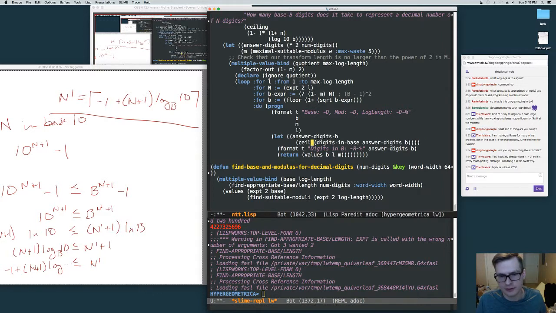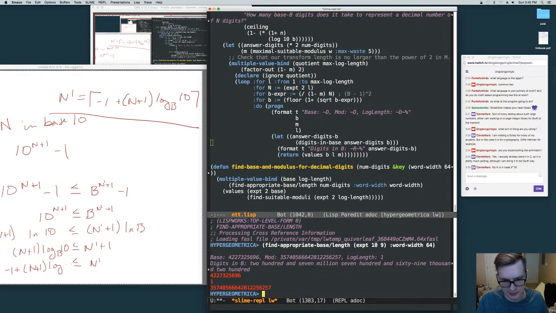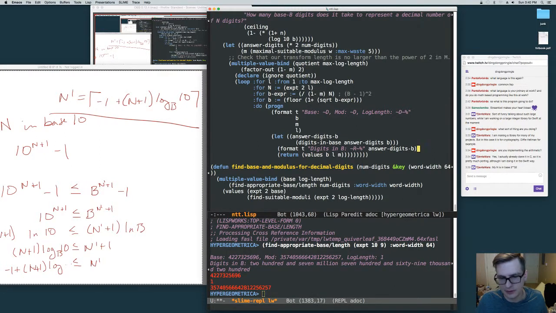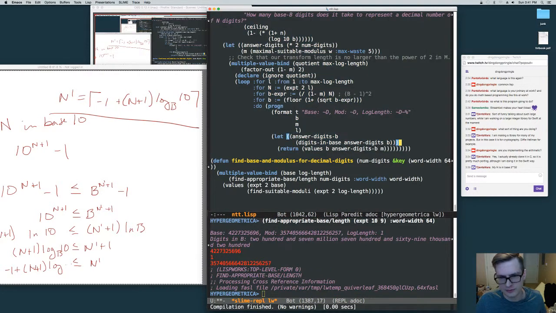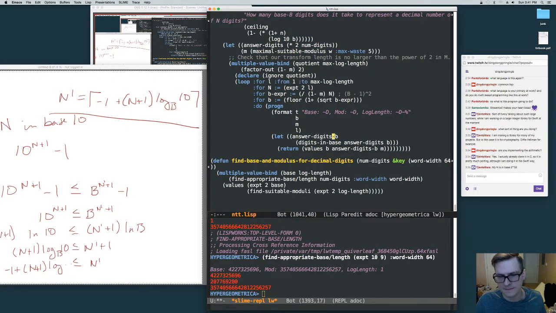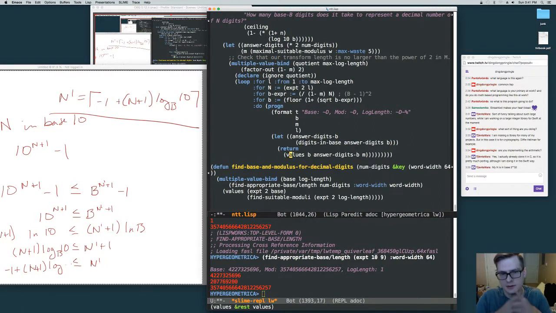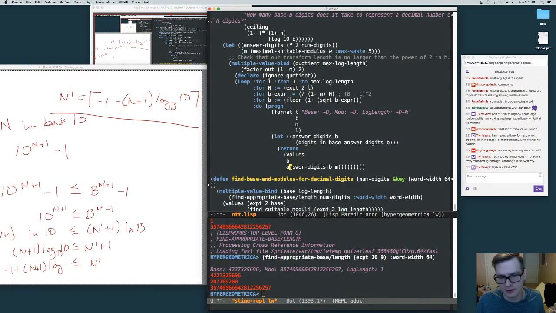This ceiling is already going to be done for, so we can just do this. Great. Digits in base b, this is going to be the result of, let's do this, delete this. None of this is actually looping. That is a problem. We're not actually doing a search, so to speak.